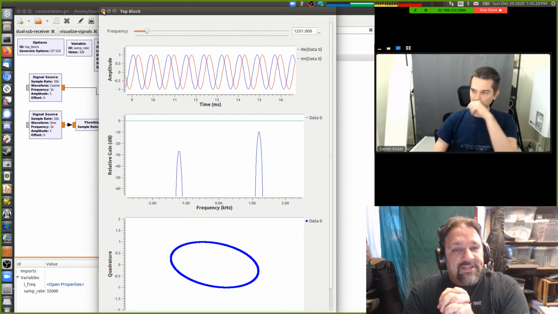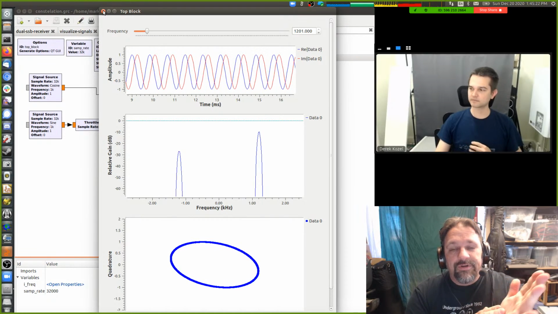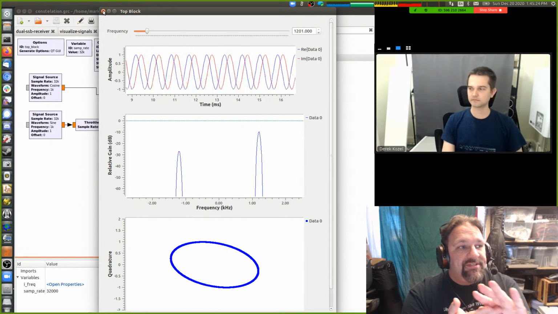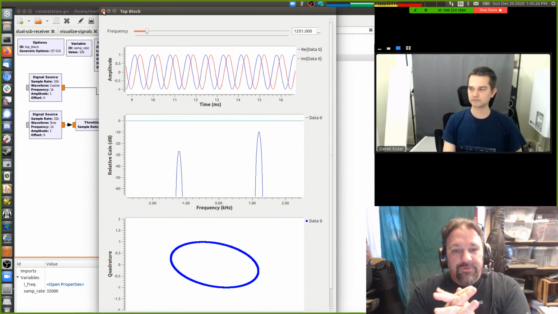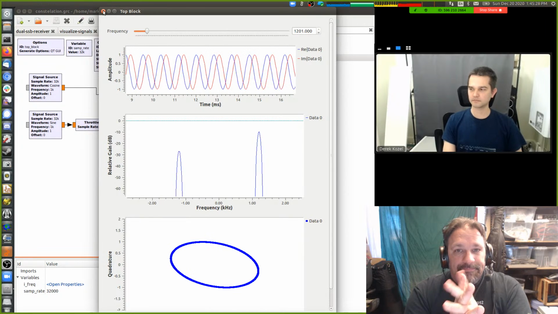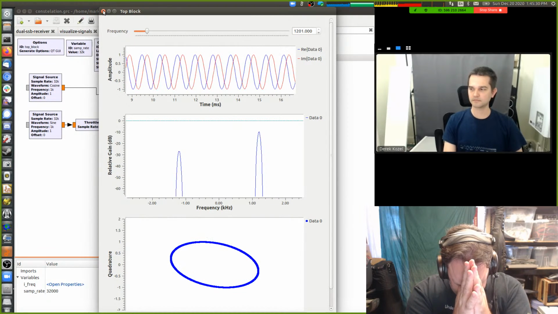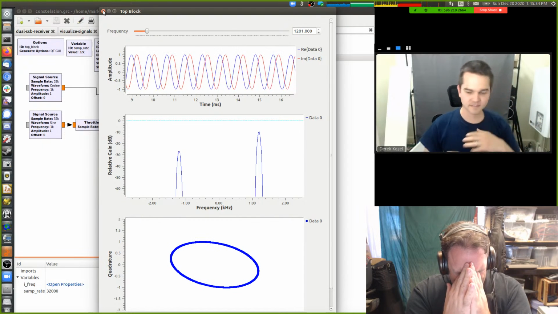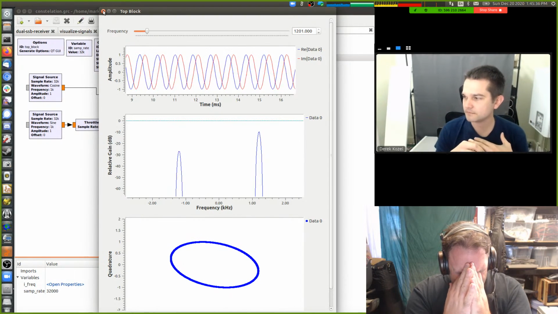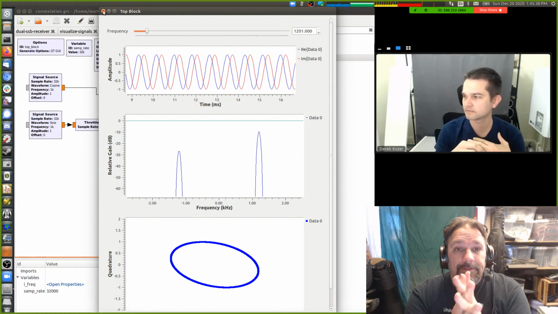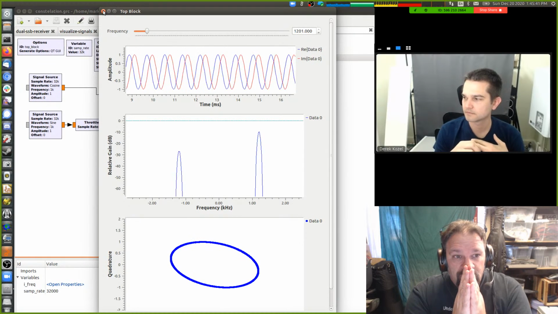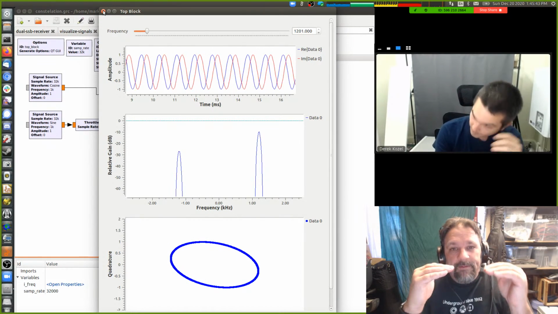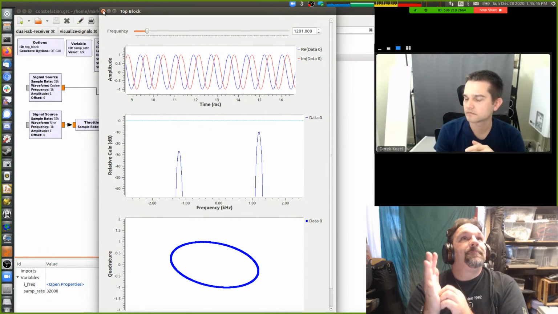And when you take that same 1 kilohertz tone and try to represent it in an IQ, you can't adjust the phase of that 1 kilohertz signal in the, like, how do I represent this?